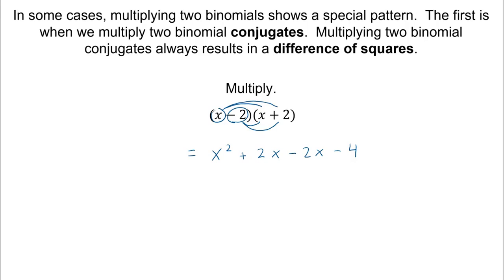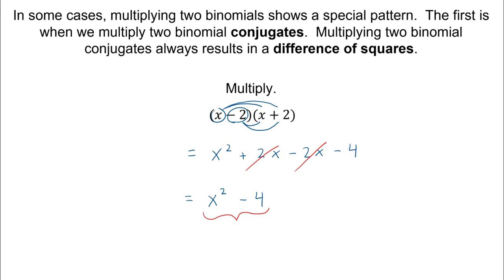And then, of course, we're not done until we combine our like terms. And I notice that we have a plus 2x and a minus 2x that we can combine. When we combine those two terms, we get x squared minus 4, because the plus 2x and the minus 2x add out. Now, there's a special name for this expression that we get when we multiply two binomial conjugates.